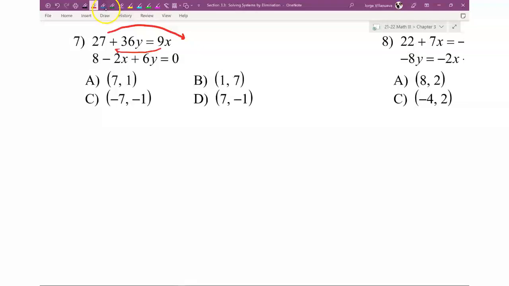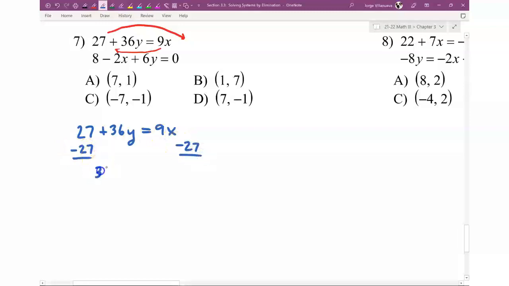Okay, so these are considered, again, kind of the difficult ones. So let me write it down. So I'm going to move the 27 to the right side. So here we go. Minus 27, minus 27. So I get 36y equals 9x minus 27.